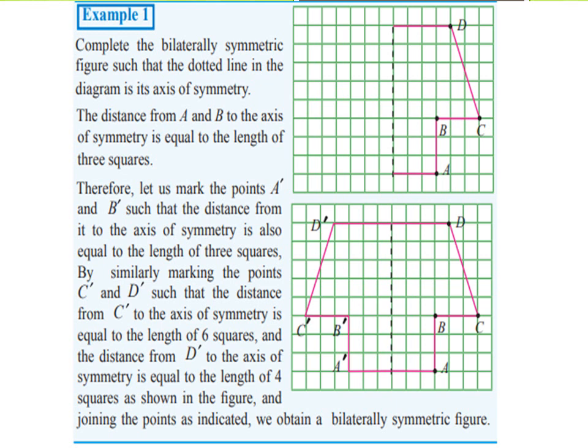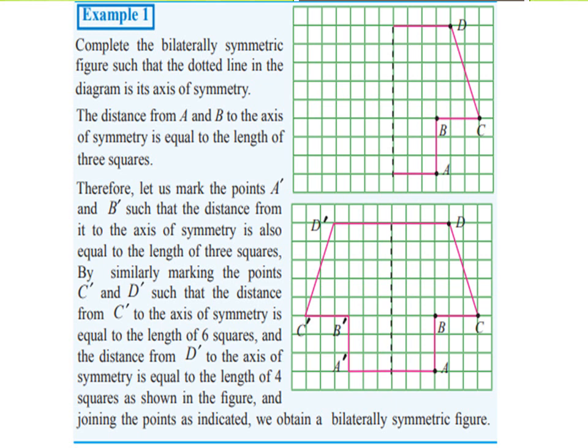By similarly marking the point C' and D' such that the distance from C' to the axis of symmetry is equal to the length of 6 squares, and the distance from D' to the axis of symmetry is equal to the length of 4 squares as shown in the figure. And joining the points as indicated, we obtain a bilateral symmetric figure.